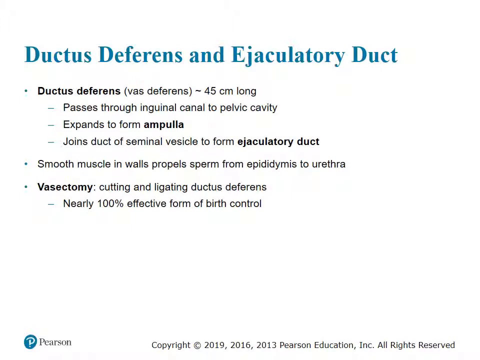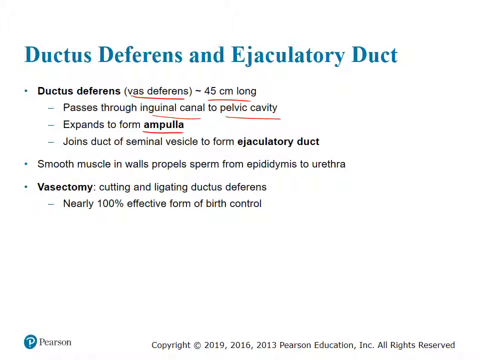All right, so the vas deferens, 45 centimeters long, goes through the inguinal canal to the pelvic cavity. That's where the ductus deferens, through the spermatic cord, by the way, will go through the inguinal canal to the pelvic cavity. And it expands. It gets wider, and we call that wider area the ampulla, right?